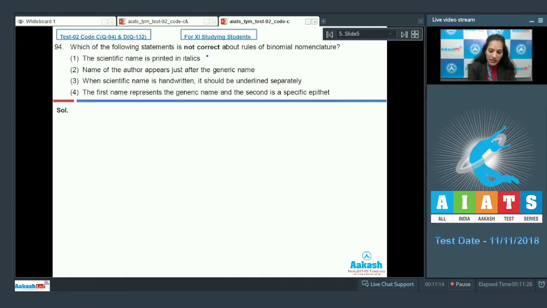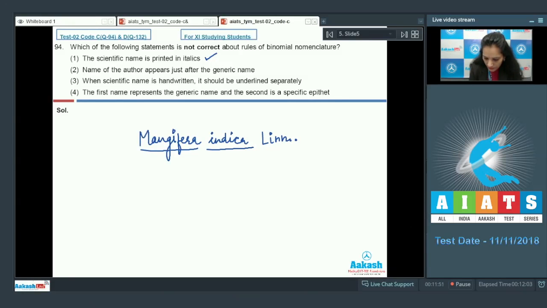The scientific name is printed in italics. Yes. For example, I am writing the scientific name of mango, that is Mangifera indica. So yes, it is true that the scientific name is printed in italics.